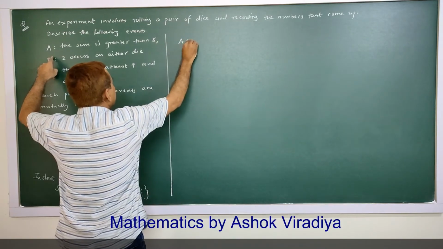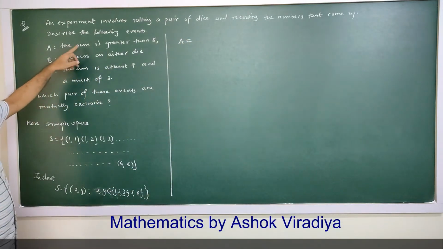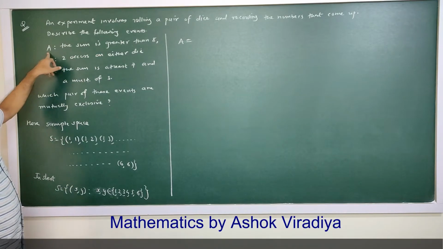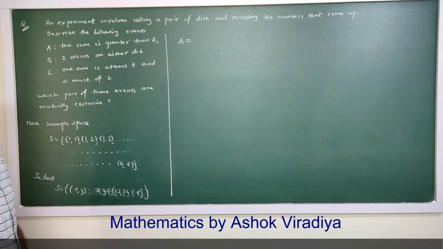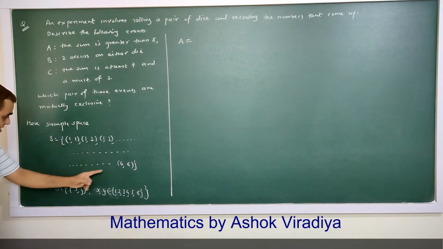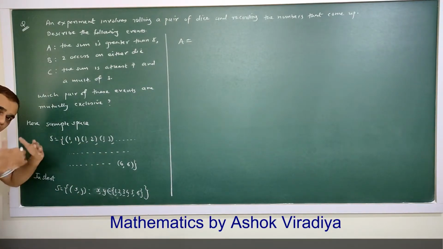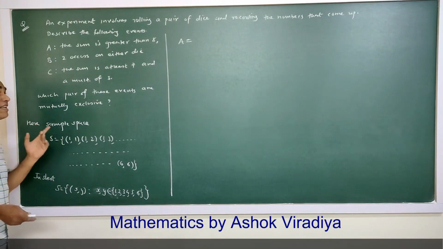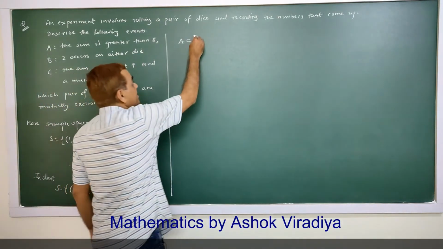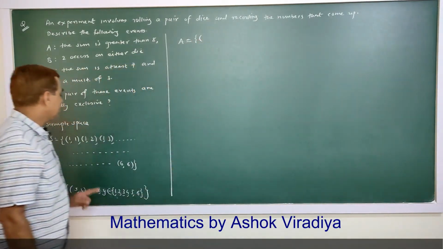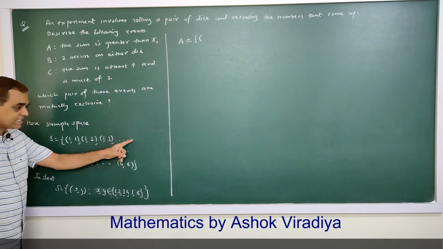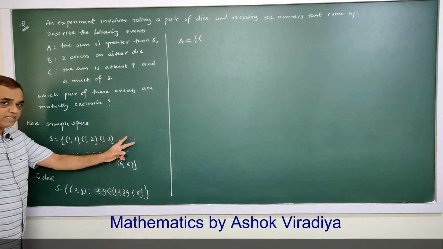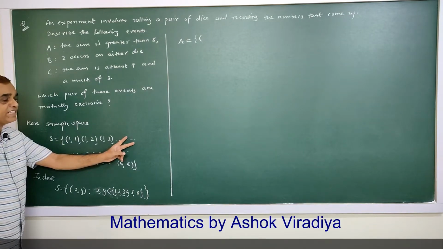Now here, first of all, event A. A is the event that the sum is greater than 8. So from these 36 outcomes, we are taking those in which the sum is greater than 8. In the first line, the last element is 1 6, where the sum is 7, not greater than 8.